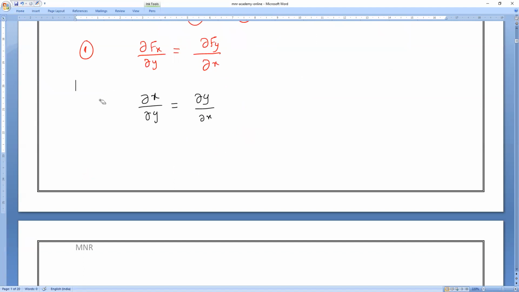Am I right or wrong? So the differentiation of x with respect to y remains 0, because it is not possible to differentiate. The differentiation of y with respect to x is also 0. Understanding all of you?